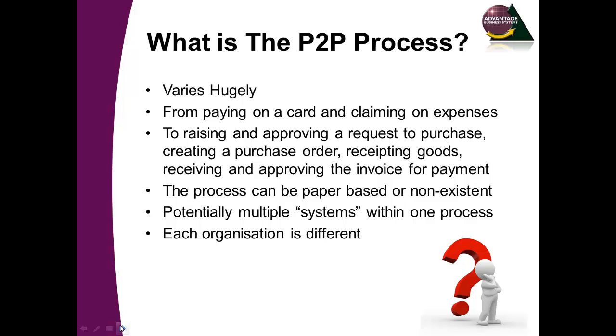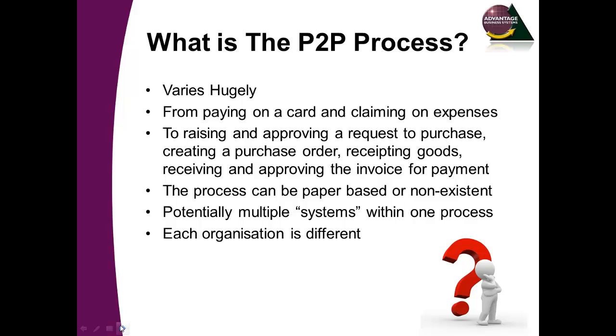So making the process more visible, making sure that we know where everything is throughout the purchasing process from a finance perspective can be quite important, and that's something that some companies are missing out on with paper-based processes.